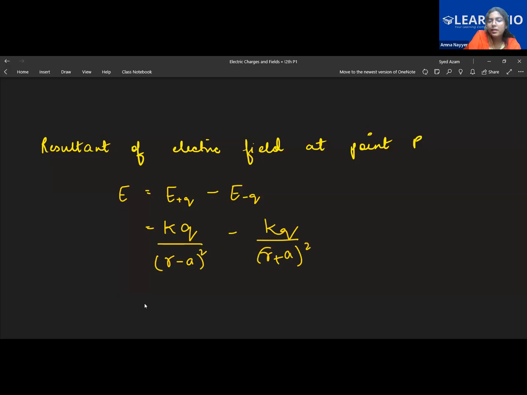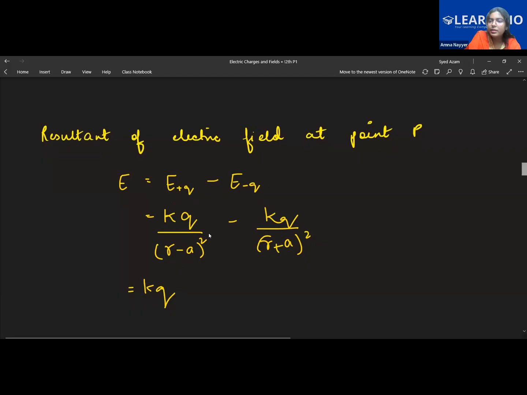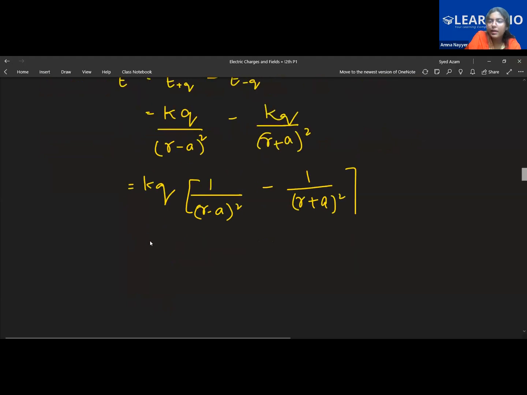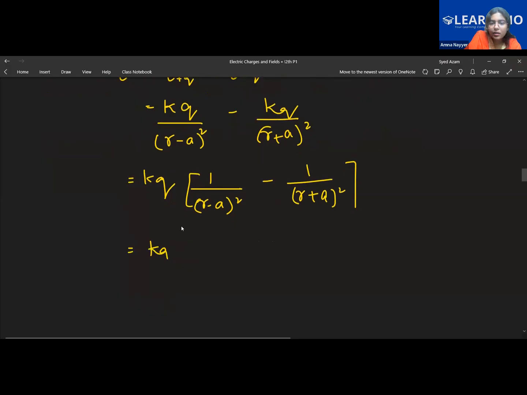Now let's take KQ common. So see, what are we left with? If we take KQ common, we are left with 1 by (R minus A) whole square minus 1 by (R plus A) whole square. Now we just have to solve the brackets and we'll get our value. KQ I have taken common.